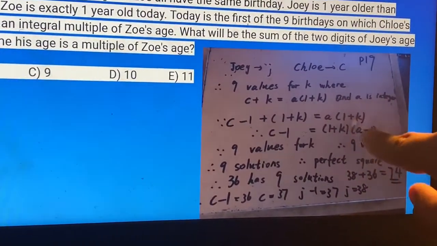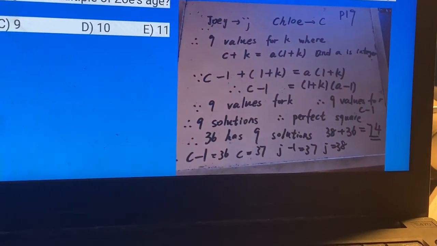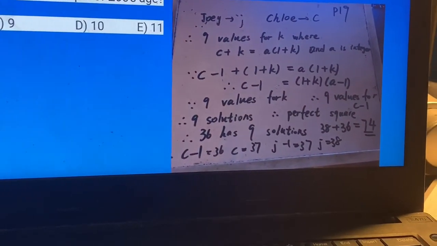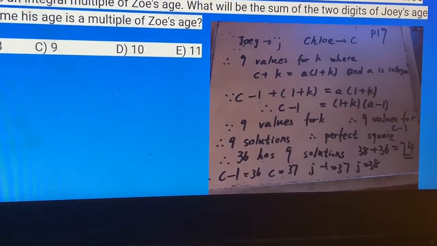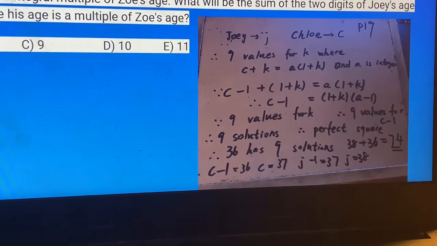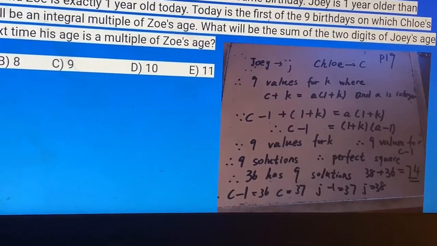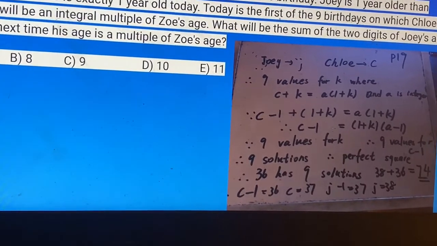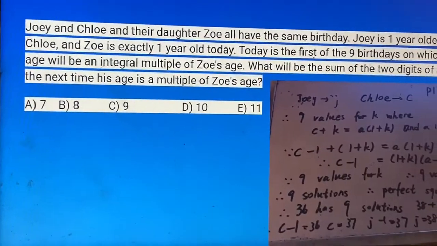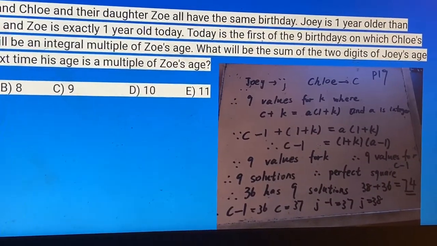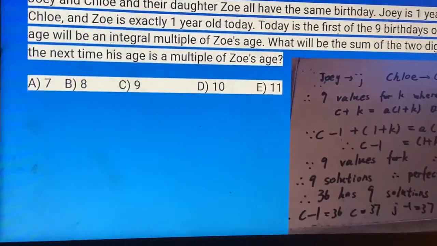So we know this is A minus 1. Since there are 9 values for K, there are 9 values for C minus 1. Since 9 is an odd number, this means this is going to be a perfect square. So we know 36 has 9 solutions. So C is 37 and J is 38. 38 plus 36 is 74. 7 plus 4 is 11, therefore the answer is going to be E.